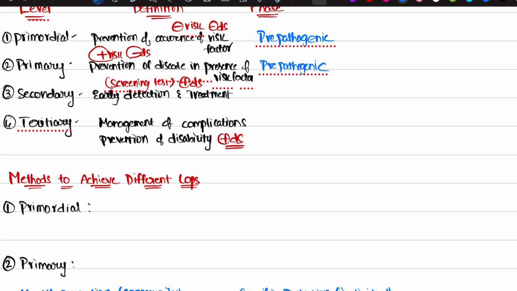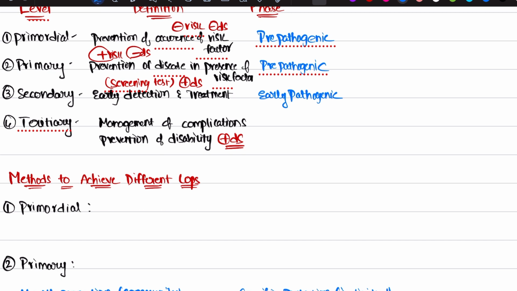And in secondary, see, I marked it here, disease is present. So it comes under pathogenic phase. Let me write it, pathogenic phase. Here, this is early pathogenic phase. Here the disease is present, but we don't know exactly whether the disease is present or not.